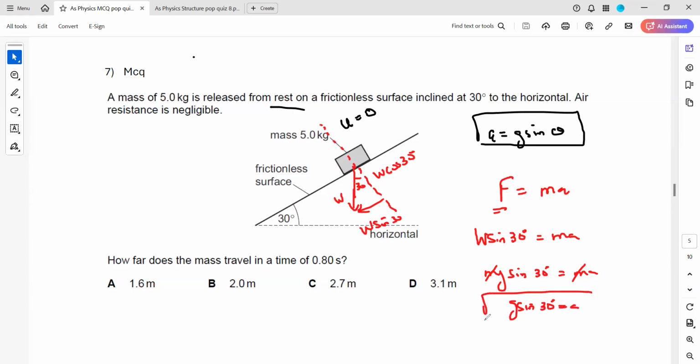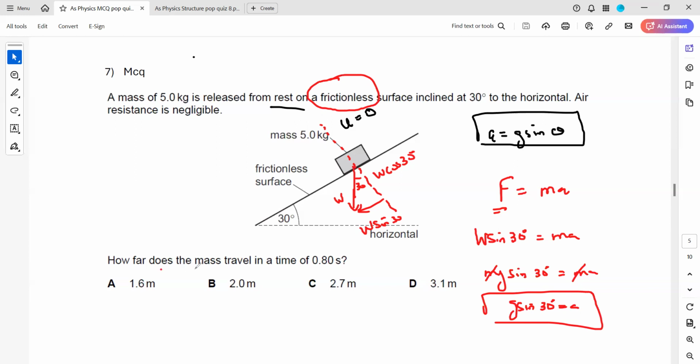So remember, on an inclined surface, whenever it's a frictionless surface, acceleration on the inclined surface is always g sine theta. That's fixed. So you can derive this, but no need to derive the formula in the exam. Just remember that acceleration on an inclined frictionless surface is always g sine theta.